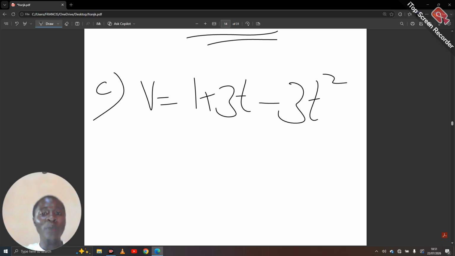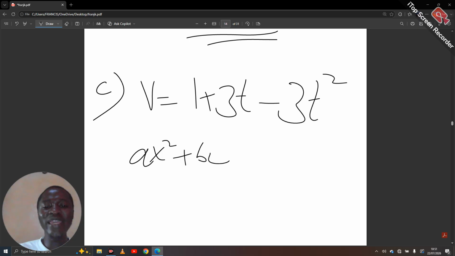Observing this, it is quadratic, and quadratic is always in the format ax squared plus bx plus c. So if you see any question in calculus that is a quadratic, remember to arrange it in the format of a quadratic.